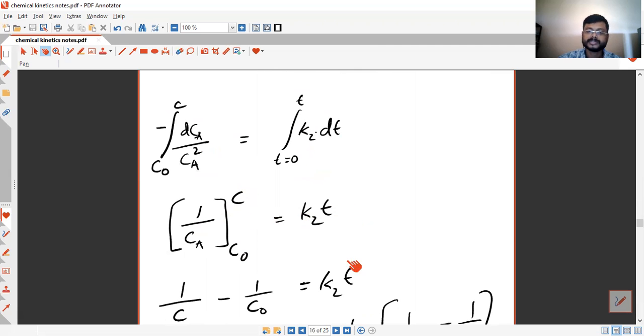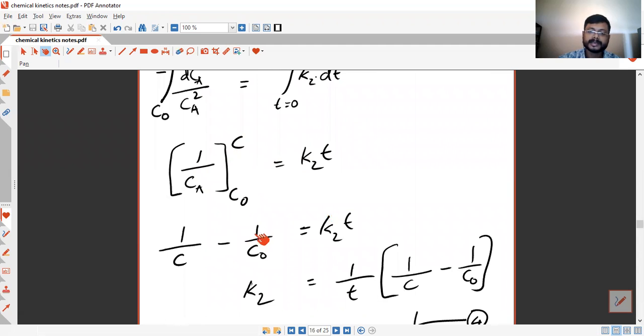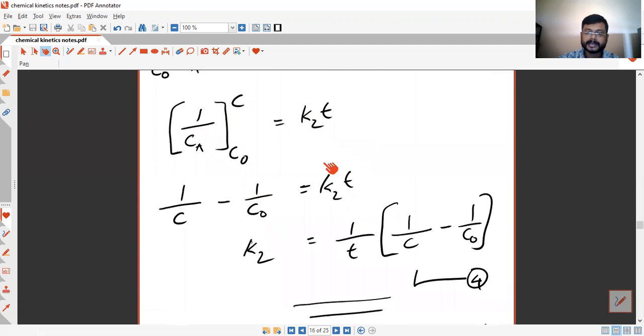The time limit is 0 to t, that is t minus 0, which becomes t. So rearranging this equation, 1 by C minus 1 by C0 is equal to K2 into t. From this, the second order rate constant K2 is equal to 1 by t into (1 by C minus 1 by C0).